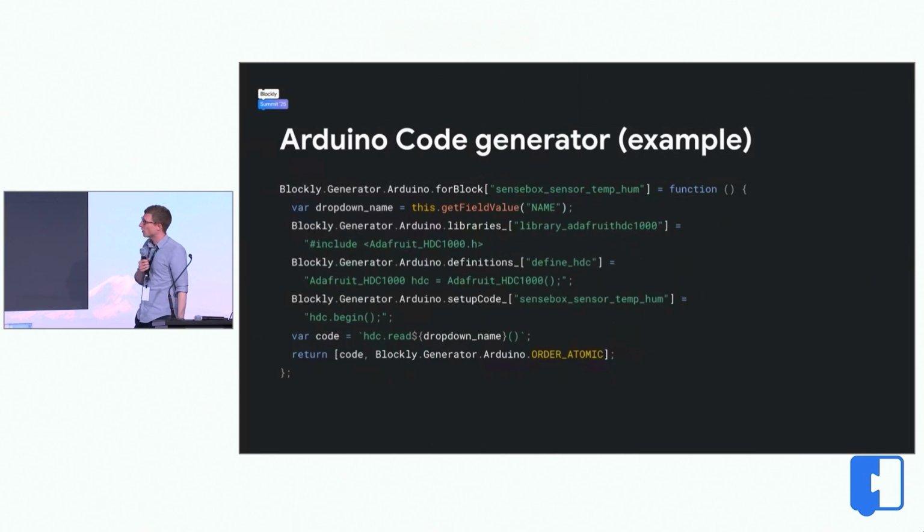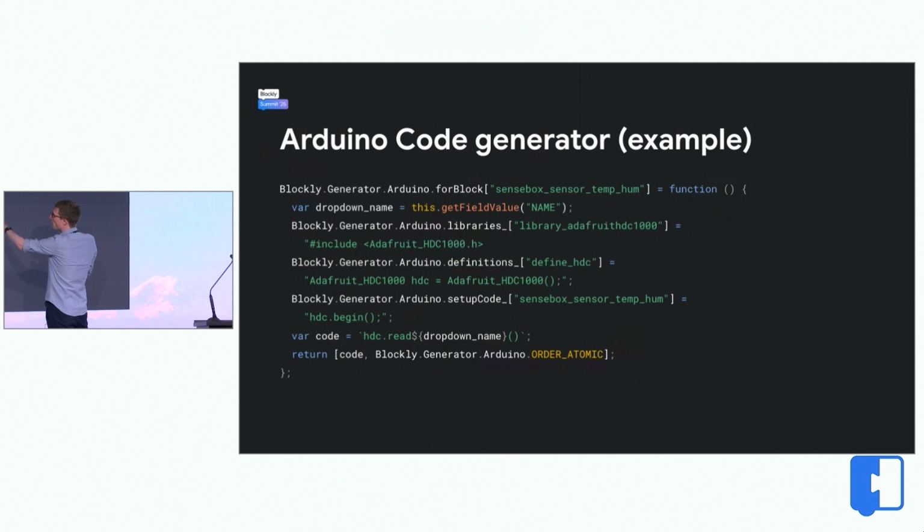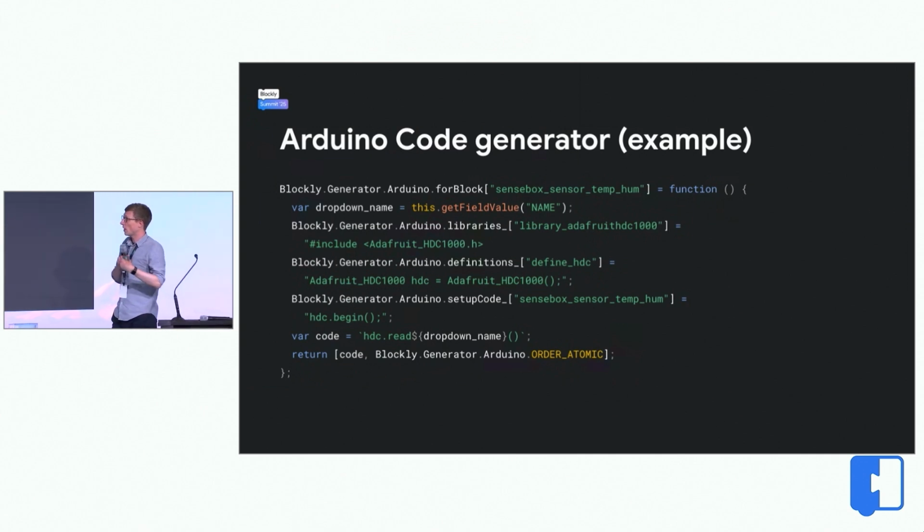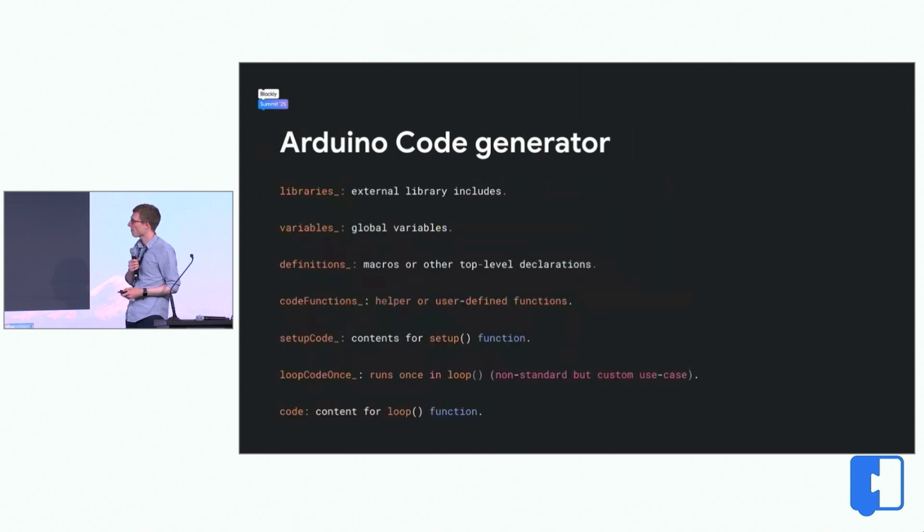This is the basic structure of the code generator. You often have pre-made libraries, as we are also supporting sensors from other manufacturers, so that it's pretty straightforward to add new hardware and new blocks for the sensors.